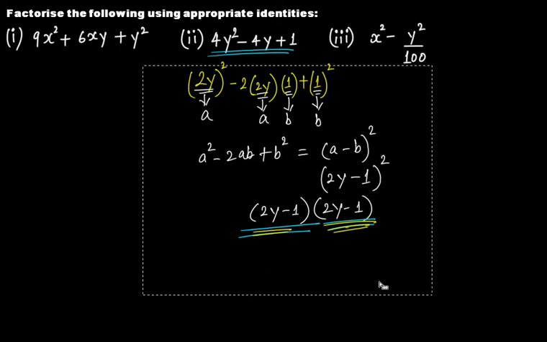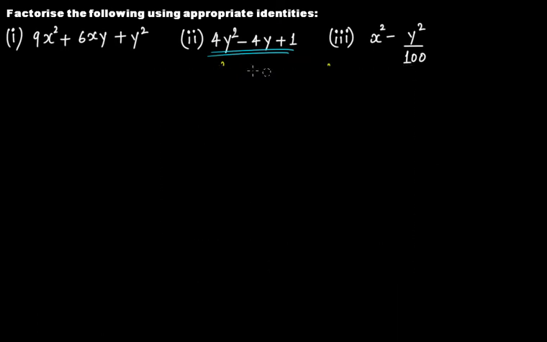In this next one, you have x squared minus y squared by 100. Now this can be written as x squared minus (y by 10) whole squared, right? So it's of the form a squared minus b squared. What's a? a is x. What's b? b is y by 10.